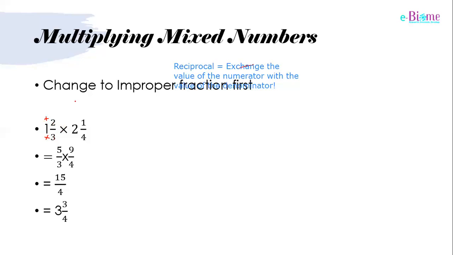Now, how can we get 1 to be something in terms of 3 in the numerator and the denominator? Well, 3 upon 3 is 1. So this is basically 3 upon 3 to multiply and 2/3. Because how we read a mixed number is 1 and 2/3, so the and means multiplication. Then we realize that that gives us 5 upon 3.